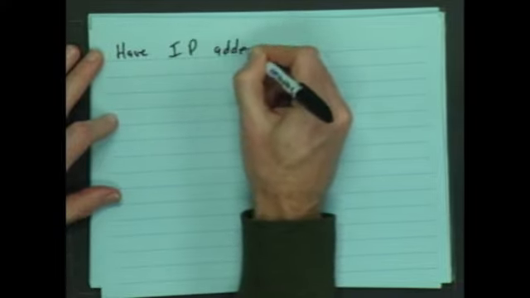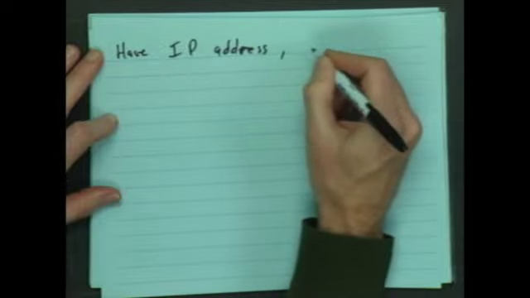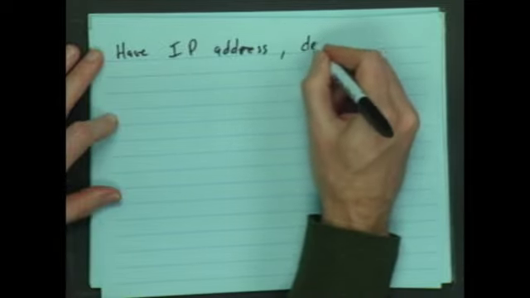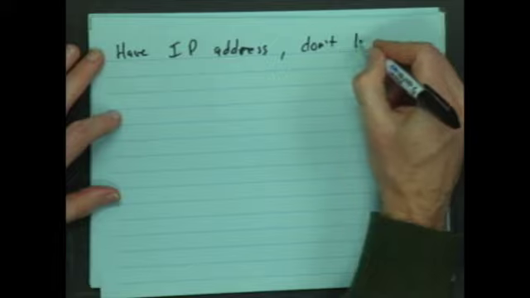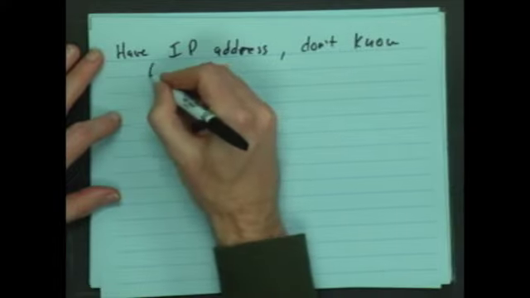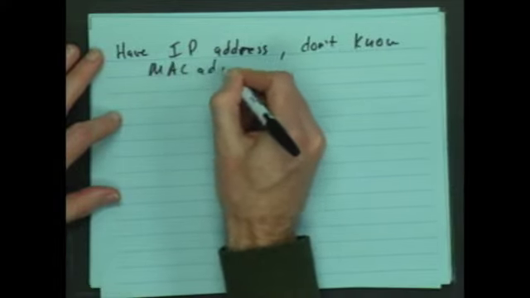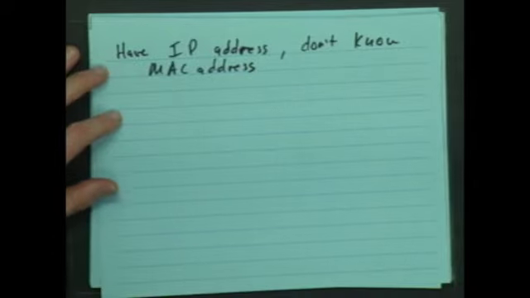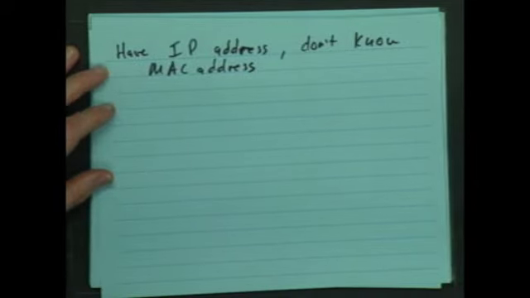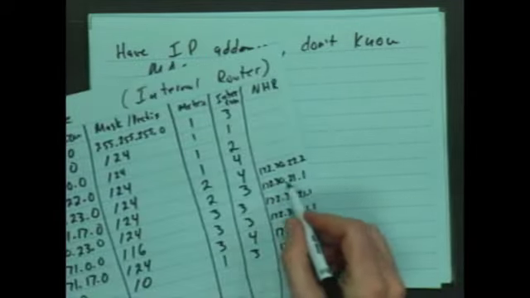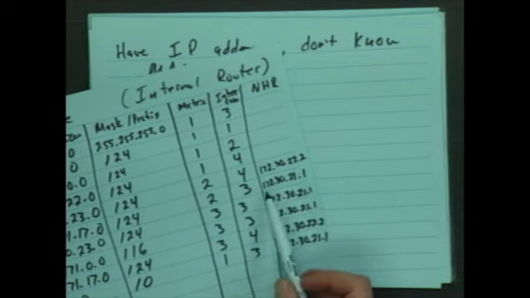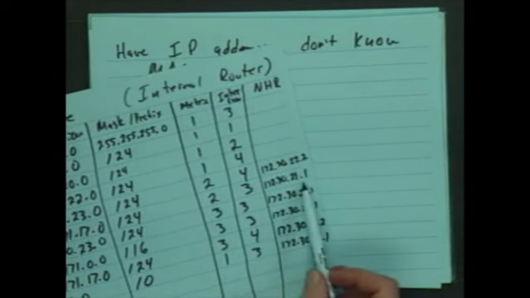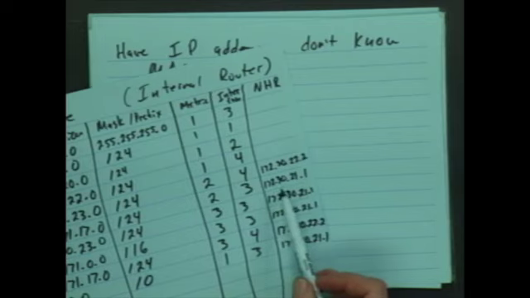So if we have the IP address, we don't know the MAC address. Remember, this needs to go in a frame. We know what IP address it needs to go to, but we don't necessarily know the MAC address it needs to go to.